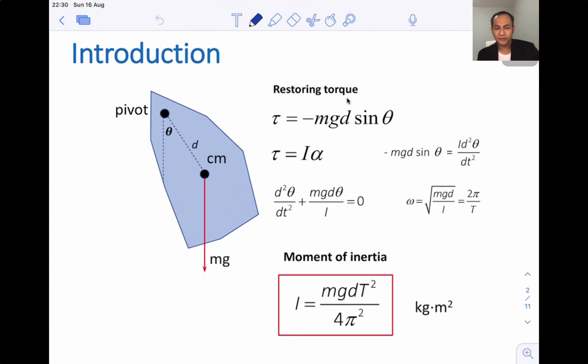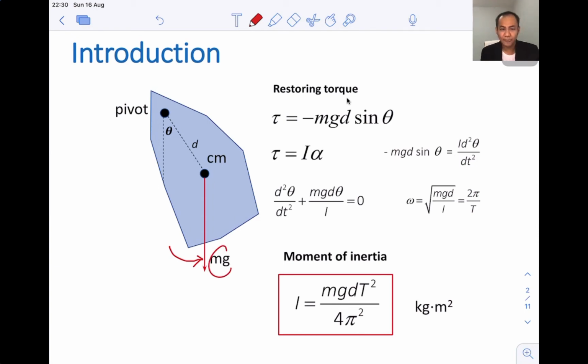Okay, I will start with some theory about it. For example, if we have an object in this shape and we hang it with something, this is a pivot, and if we can determine the center of mass is here, and we can measure the distance between the pivot and the center of mass is d, and if we move it a little bit from its equilibrium, there will be a restoring torque which comes from the gravitational force, which is mg here.